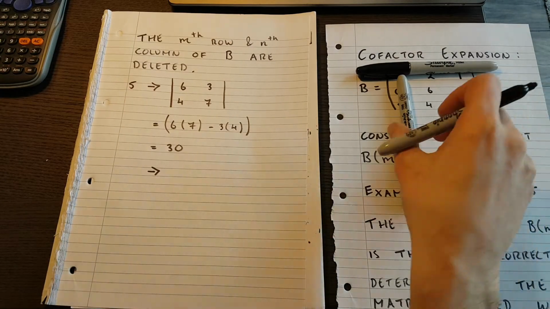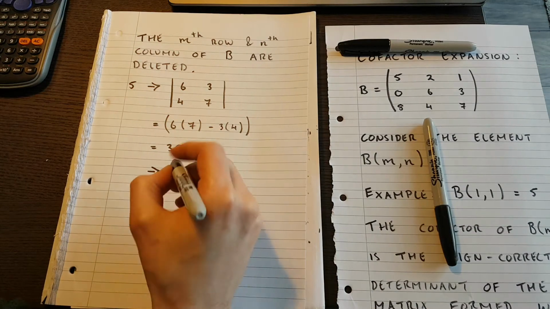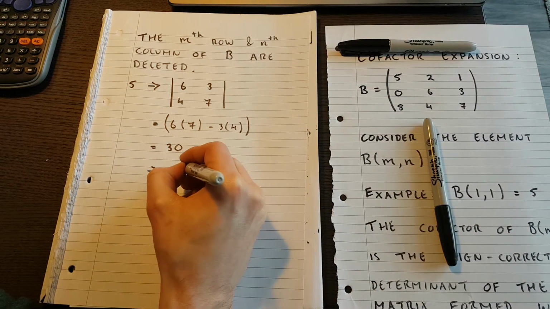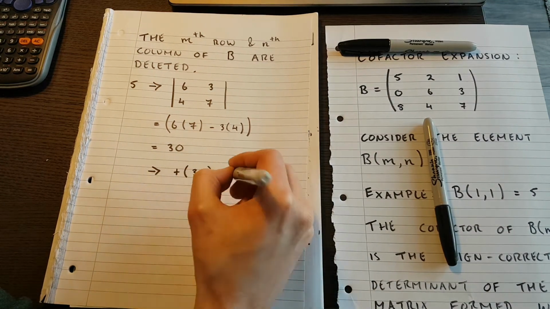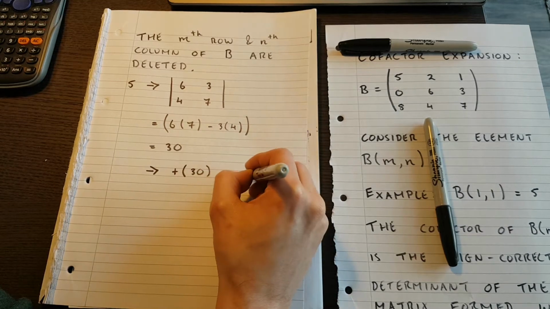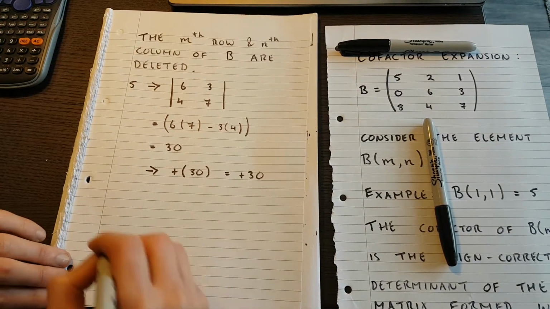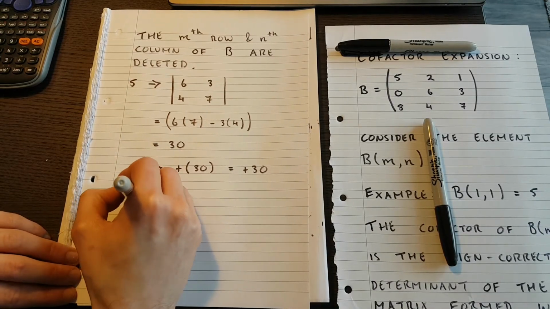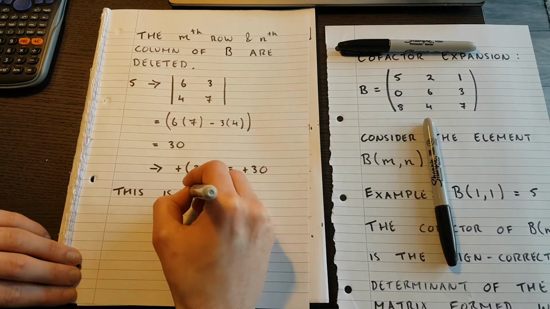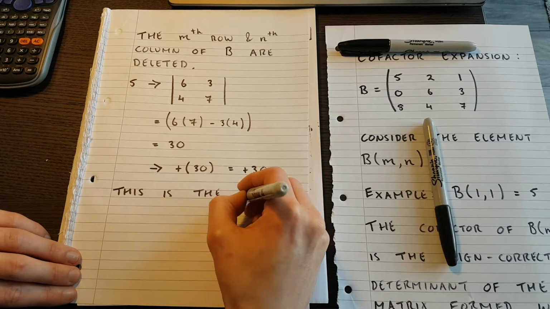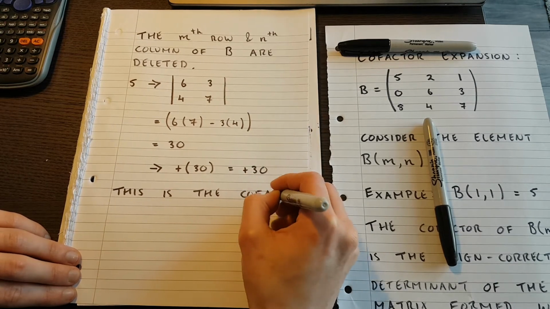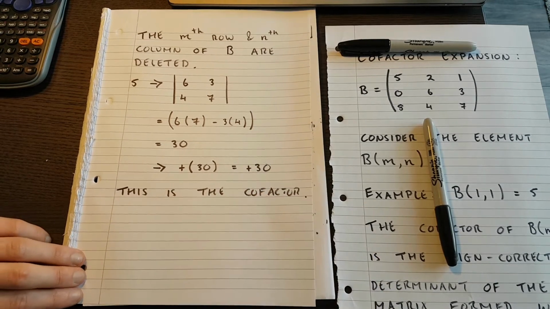Since this came from the first position, it gets plus times 30, which is plus 30. So that is the cofactor of 5.